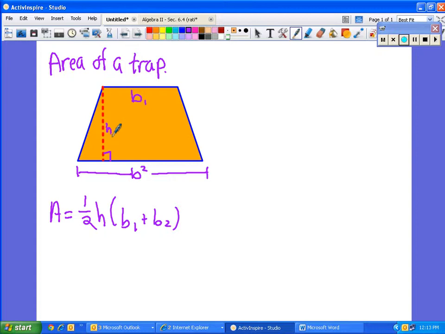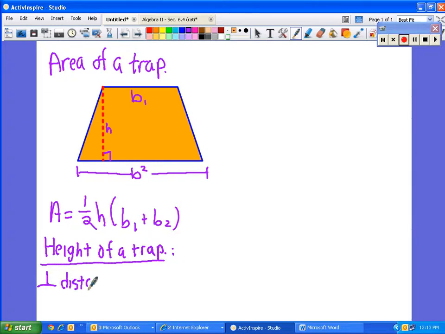We do have a vocabulary term. The height of a trapezoid is the perpendicular distance between the bases.